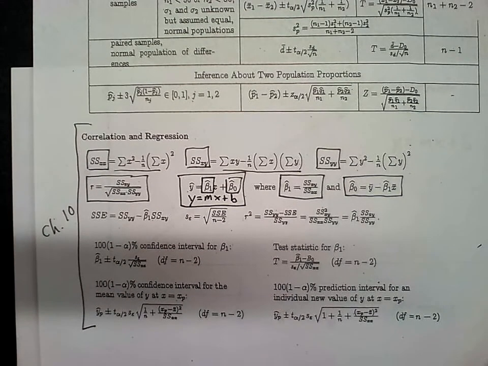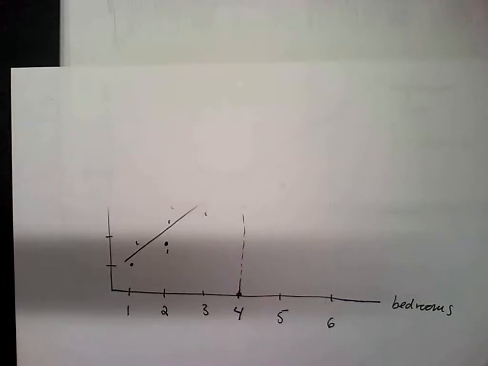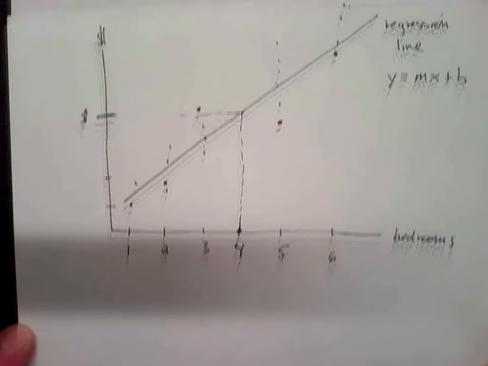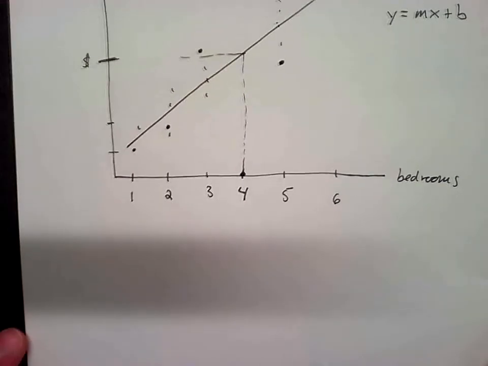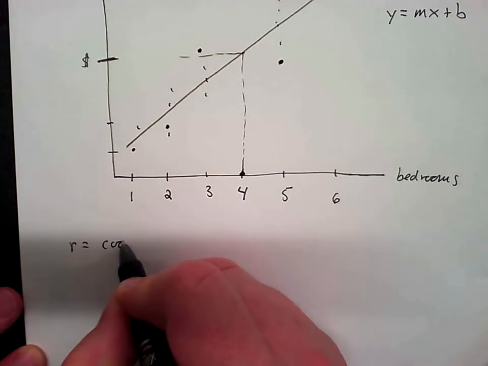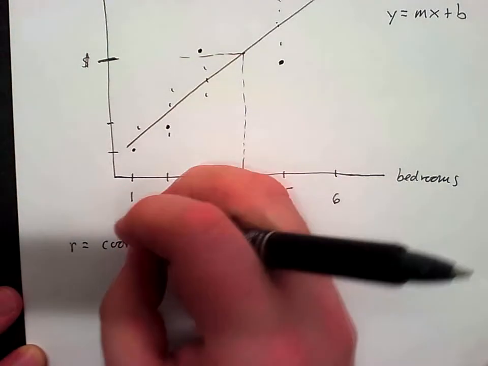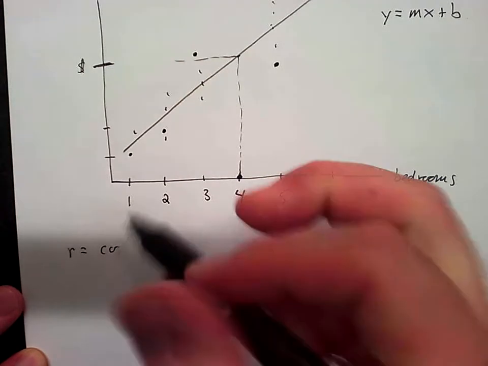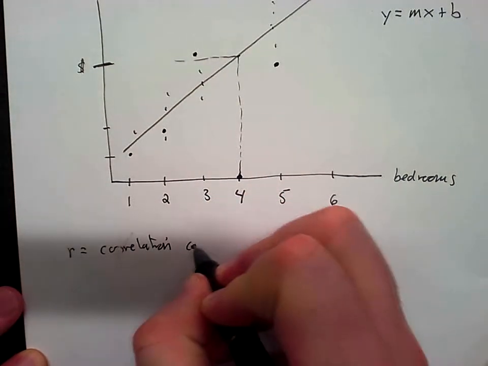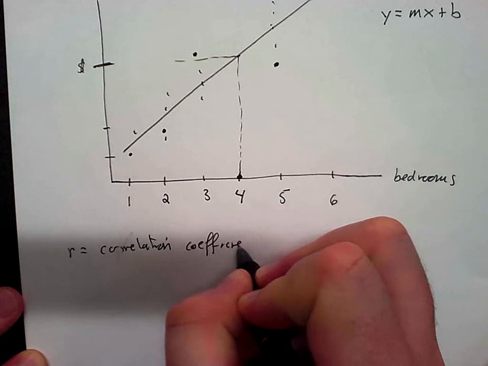But I'm going to take a step aside here, and the same way I talked about the regression line, I'm also going to talk about this little r, which is our correlation coefficient.